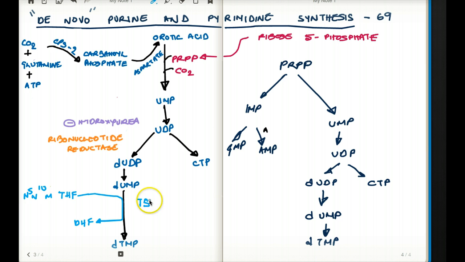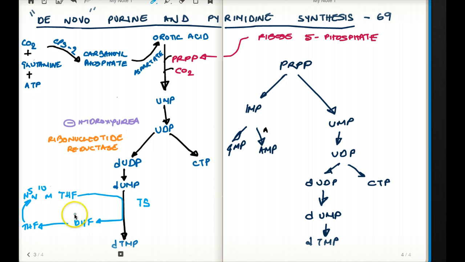Okay? Now, before I talk about thymidylate synthase, I want to finish our story on our folate. Now, we have tetrahydrofolate being converted to dihydrofolate. Dihydrofolate is again converted back to tetrahydrofolate, and tetrahydrofolate converts to N5N10 methylene tetrahydrofolate to get used in our pyrimidine synthesis.